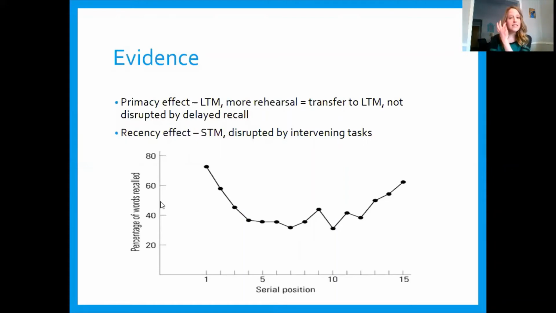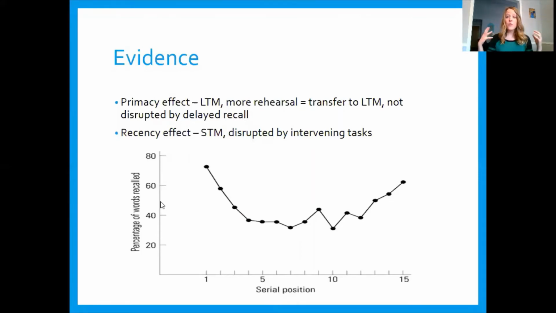And so what we see is facilitated performance for words at the beginning of the list. And so this is referred to as the primacy effect. And it's believed to be dependent upon long-term memory. And so the idea is that with more repetitions, information is able to be transferred from short-term to long-term memory.